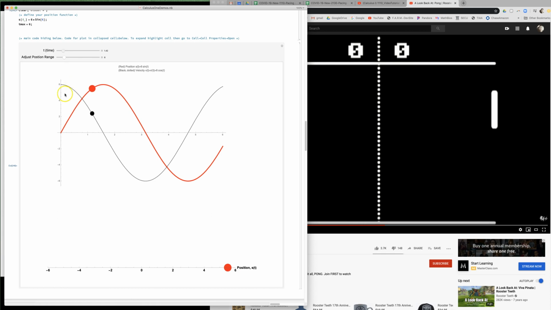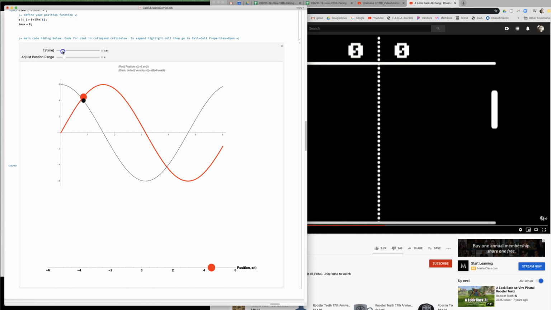We can also see that there is another function in black given by the derivative of 6 sine of t, which is 6 cosine of t. And it is this graph, the derivative, that will tell us if the Pong paddle is moving to the left or to the right. Here we are at this particular time at position 4, but the derivative is also around 4, and that is a positive number, which indicates that the Pong paddle is moving to the right.